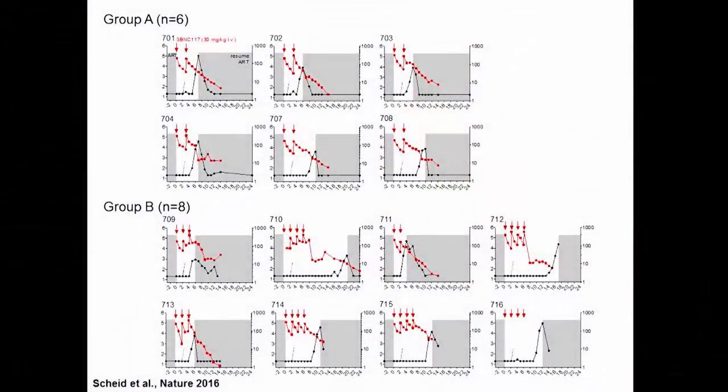When we looked in our second group, Group B, again with 4 infusions, the results were actually even much more convincing. We had 5 individuals, 710, 712, 14, 15, and 16, who were suppressed for at least 9 weeks after stopping ART.